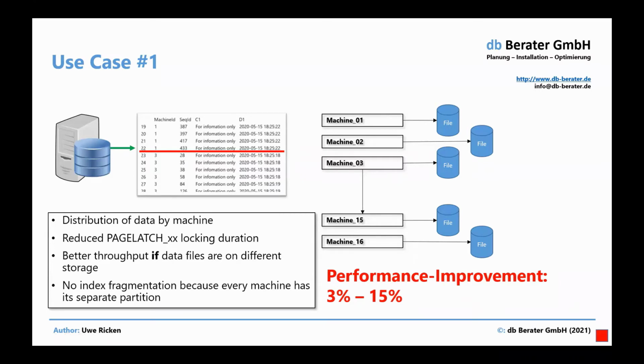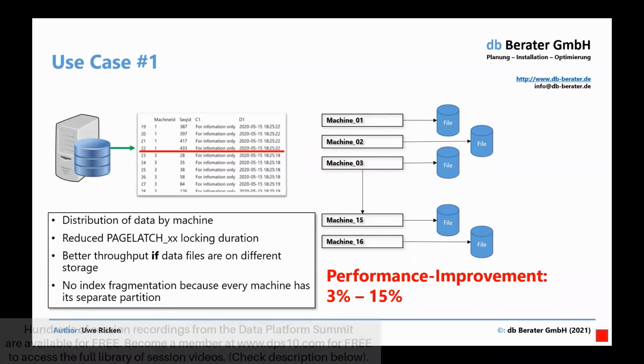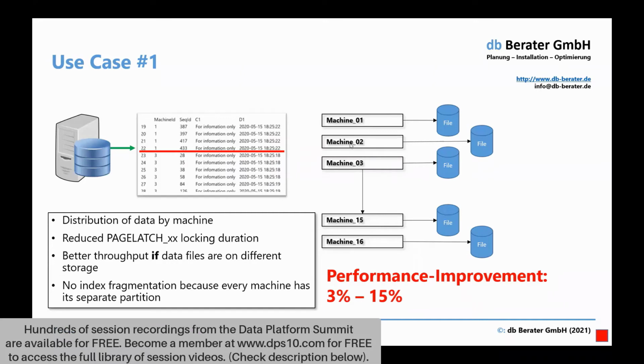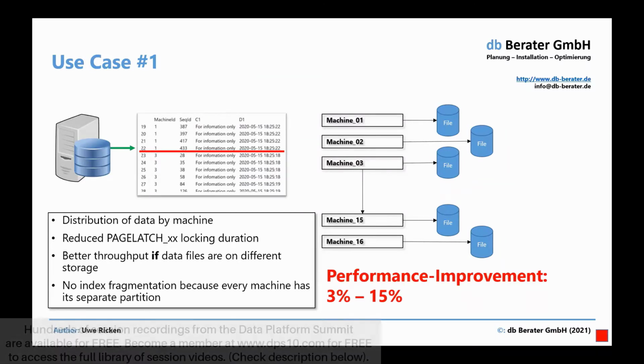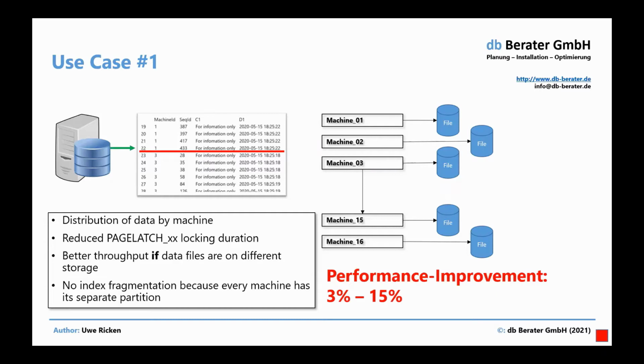Here comes another good part if you partition your system. When you run partitions, let's say machine number 2 has a way higher transaction number, then you scale it by adding multiple files to it so that we can write faster into the database files. What we did with this solution, the distribution of the data by machine, was that we reduced the page locking duration.